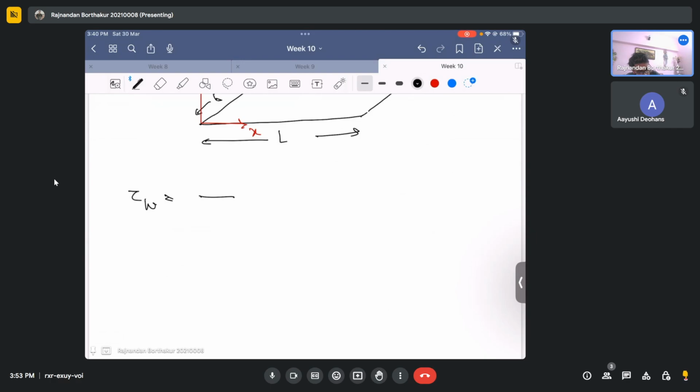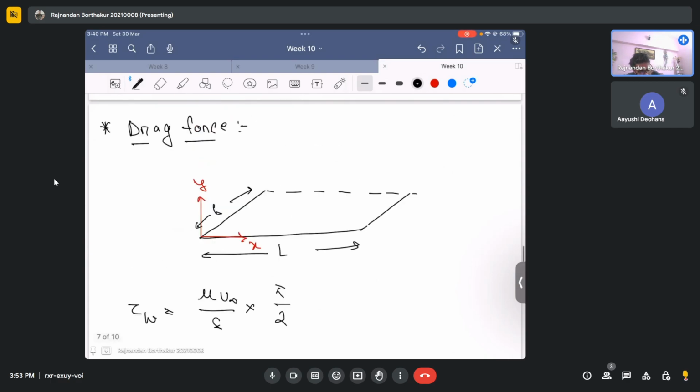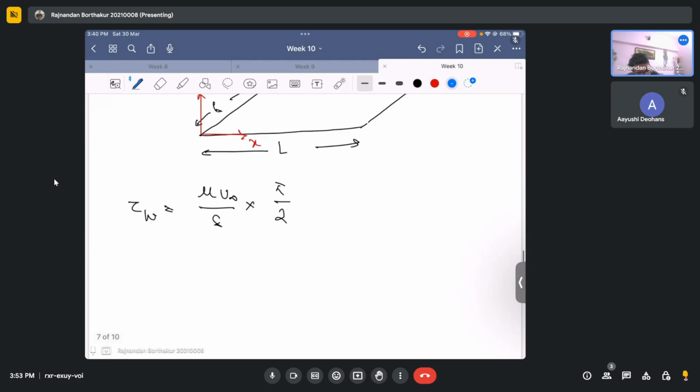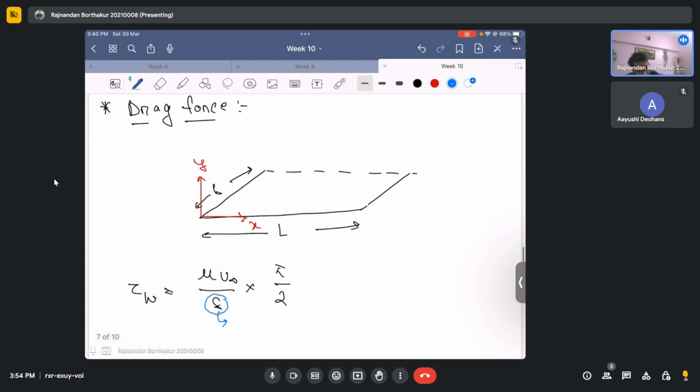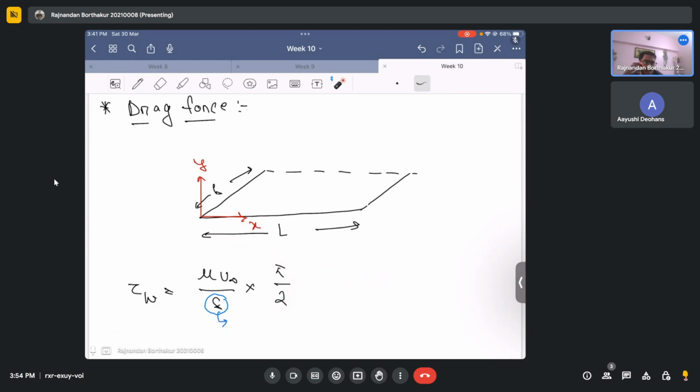So it is just mu times u infinity by delta into pi by 2. This was tau w. So all I am asking is, is the drag force just correct if I just take this tau w and multiply it by L times B?